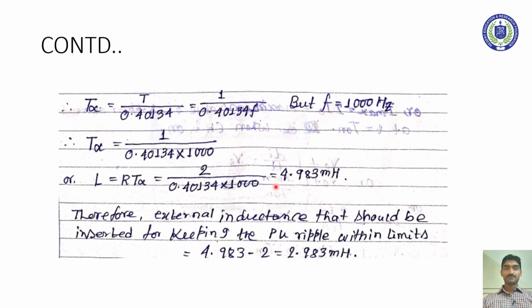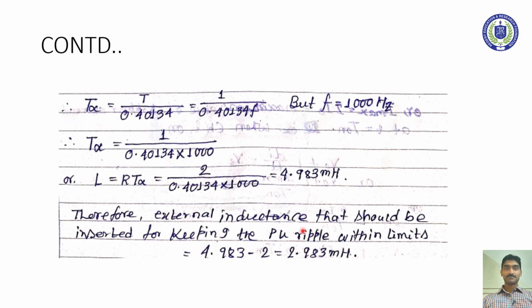So this is the amount of inductance in millihenry that is required for a DC series motor used for the rapid transit system. As in the question, they asked what external inductance should be inserted in series with the armature circuit.